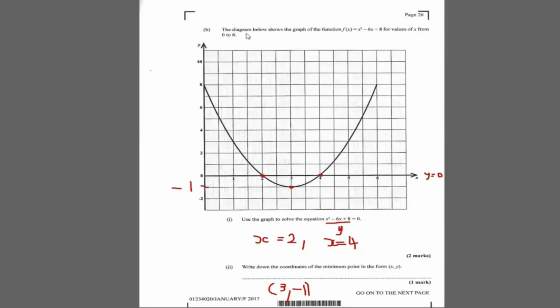Then it says now write f of x in the form where a, h, and k are constants. So write it in the vertex form. In the vertex form, a is 1.